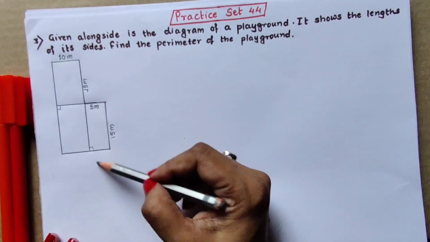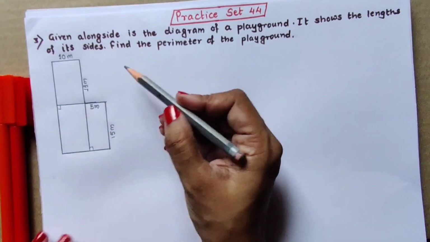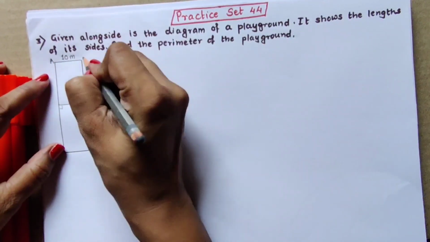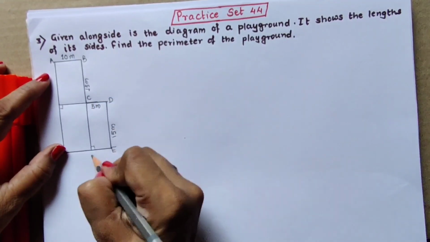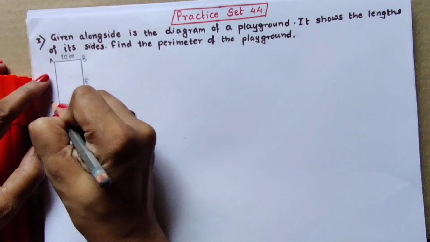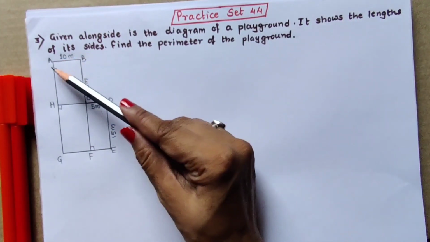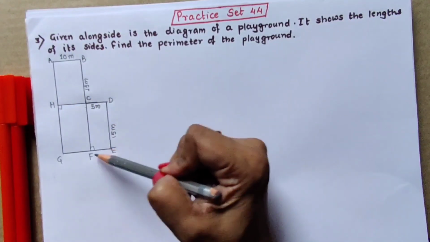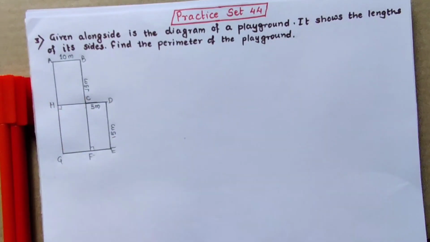And due to this, we can see there are 3 rectangles. So this we can write it as A, B, C, D, E, F, G, H. Okay, so we can see these three rectangles. First one is ABCH. Second one is CDEF. Third one is CFGH. So we write three rectangles.